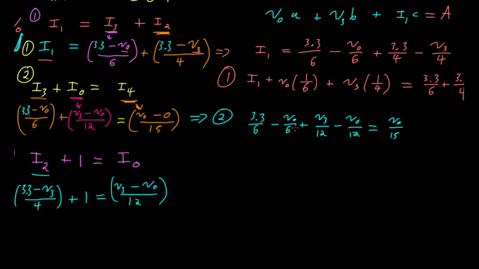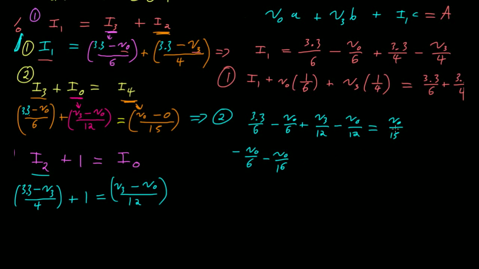So let me group the like terms together, because I've got 3 different v0 terms, right? So I'm going to have minus v0 over 6. Actually, let me change colors back again. I want to keep this color. Minus v0 over 6 minus v0 over 12.